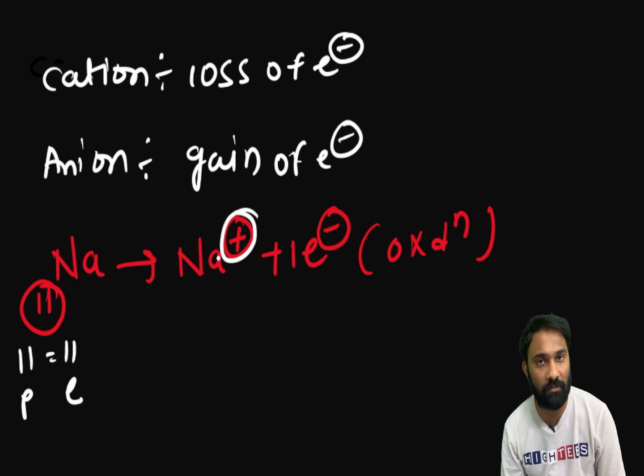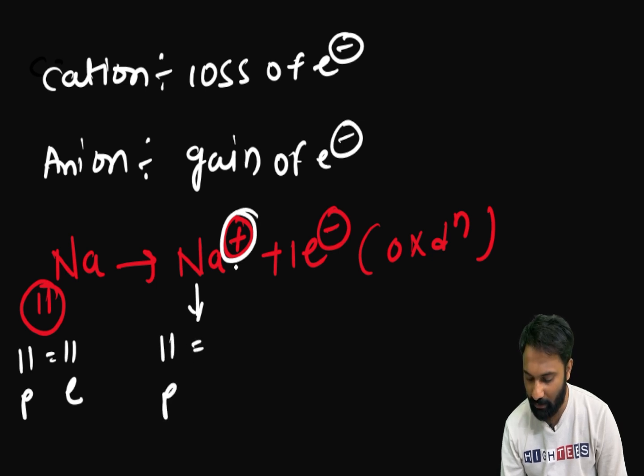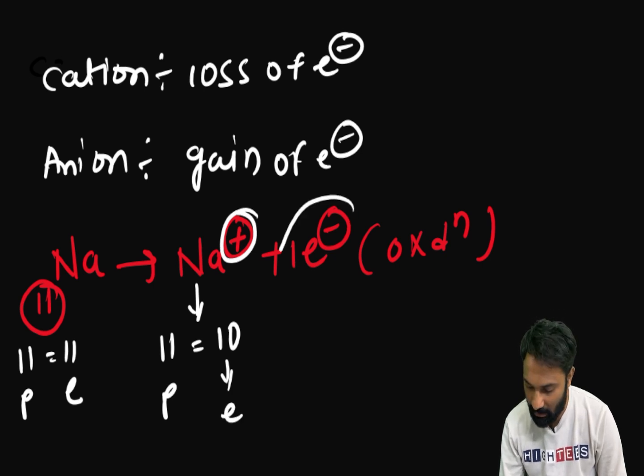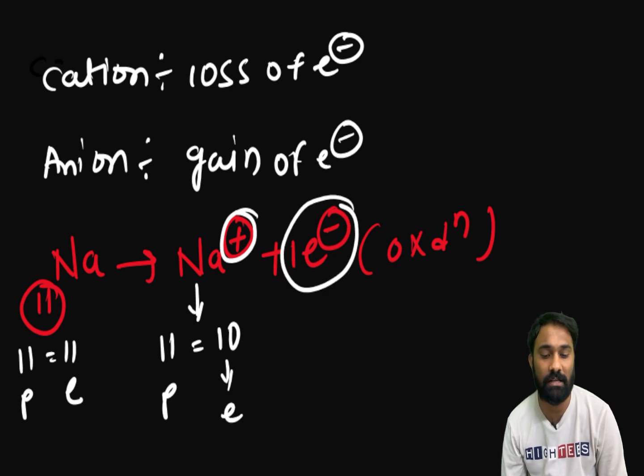Positive means loss of electron, negative means gain of electron. Please blindly remember that. In this Na plus we have 11 protons, and how many electrons? Only 10 electrons, because 1 electron is lost. This process we call oxidation.